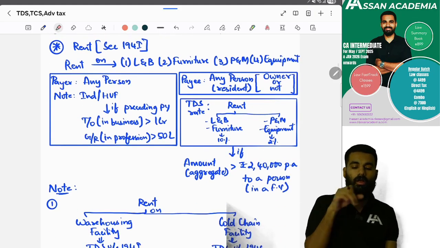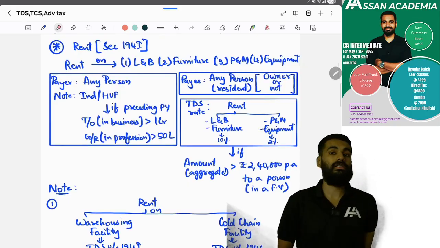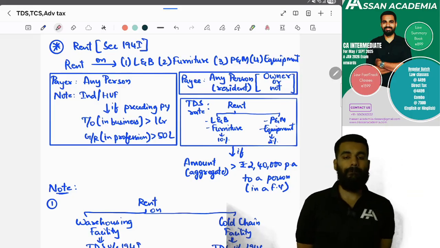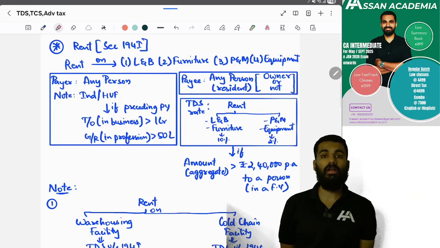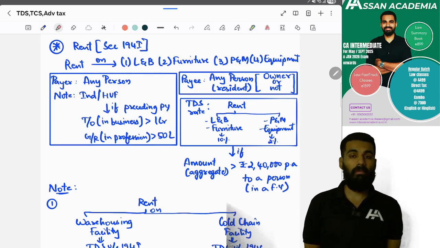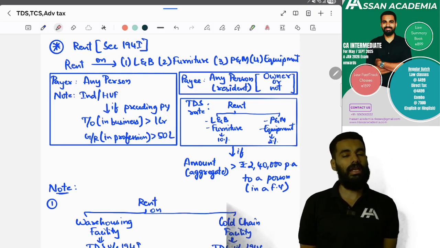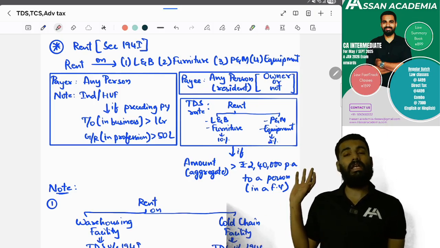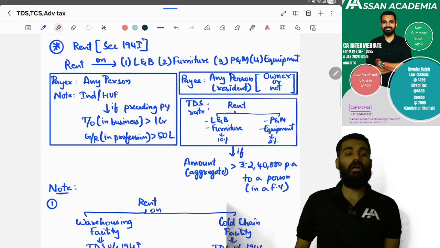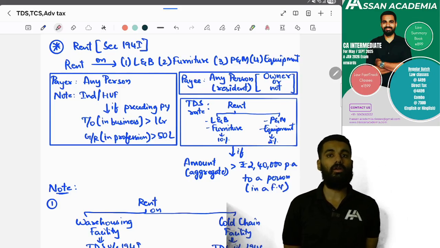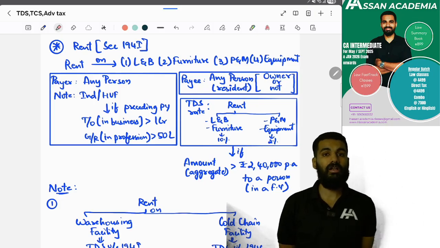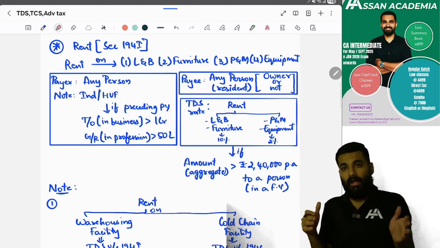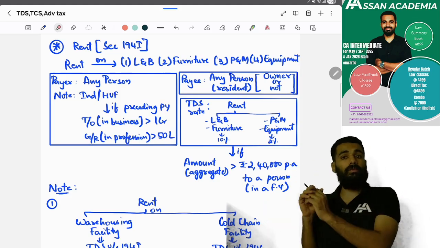Yes or no? Yes. Rent, section 194I. If rent is on land and building, furniture, plant and machinery and equipment, then the payer, if he is any person but in case of individual and HUF, in the preceding previous year, if the turnover in the business is more than 1 crore, and in profession gross receipt is more than 50 lakhs, then this particular payer is making payment to any person.